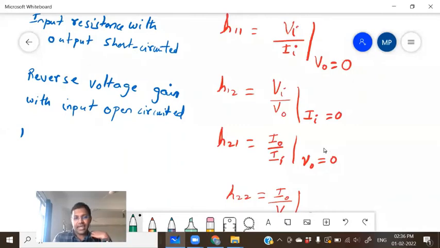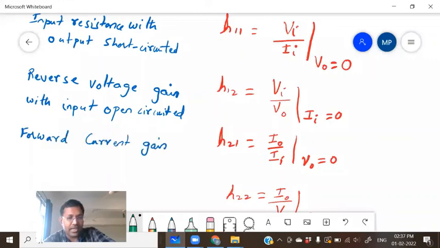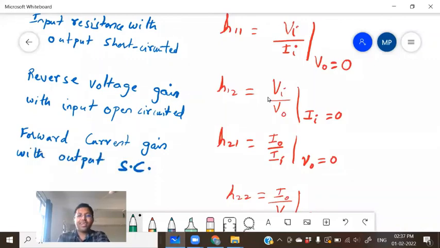It is simply current gain, but since in the previous case we called it reverse voltage gain, we will call this forward current gain, with V naught 0. V naught is output voltage. Output voltage 0 means output short circuit. So forward current gain with output short circuited.